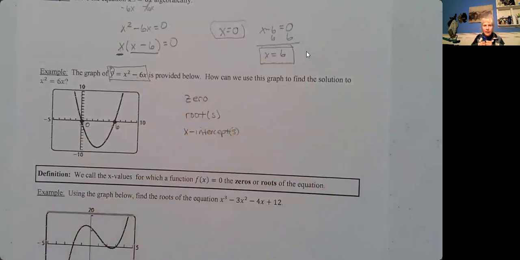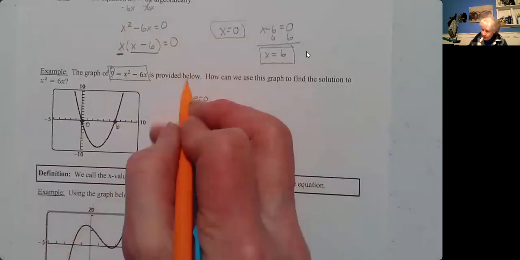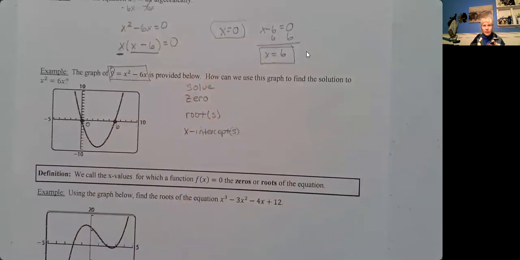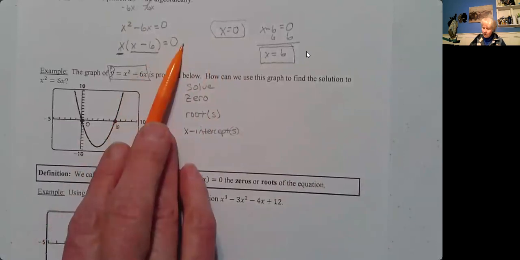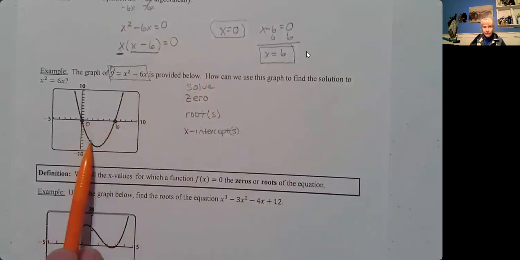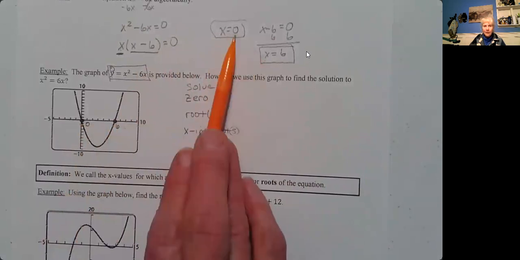All of those mean the same thing. Or solve. So you're solving it, you're finding the zeros, you're finding the roots, you're finding the x-intercepts. All of those are the same. And you can use algebra, or sometimes, given the graph here, I think there's one on your homework, you just look to see where are the x-intercepts, 0 and 6. Okay, so that's what we got graphically.